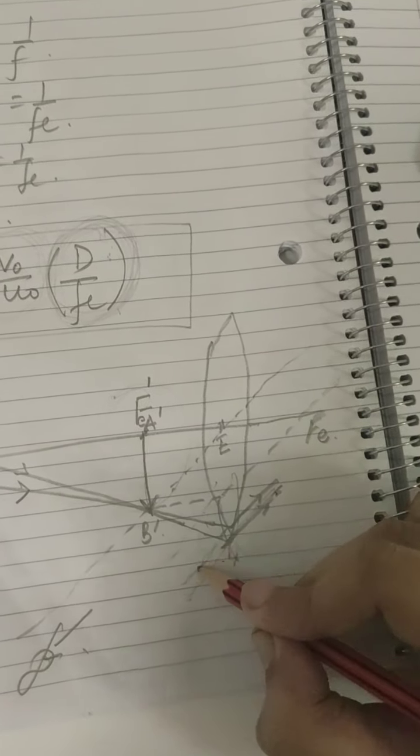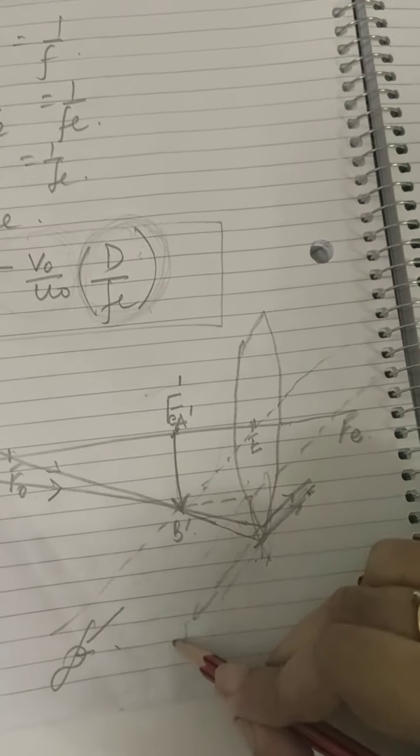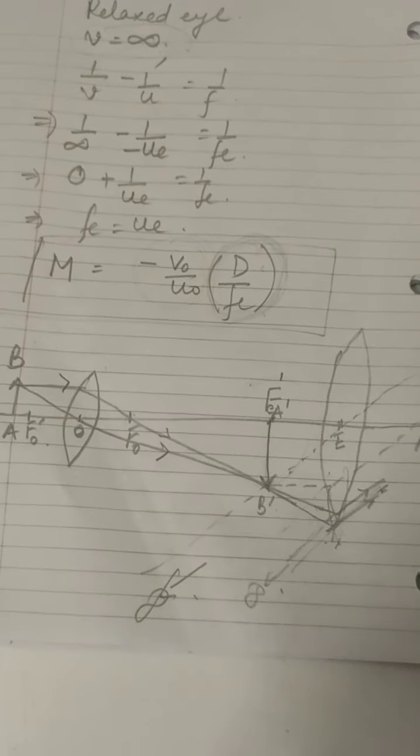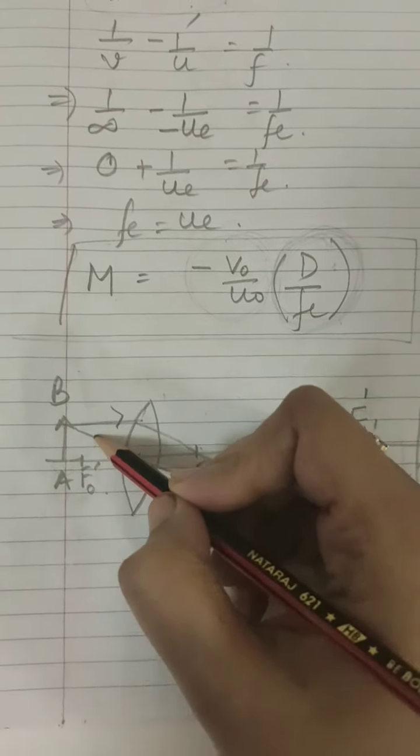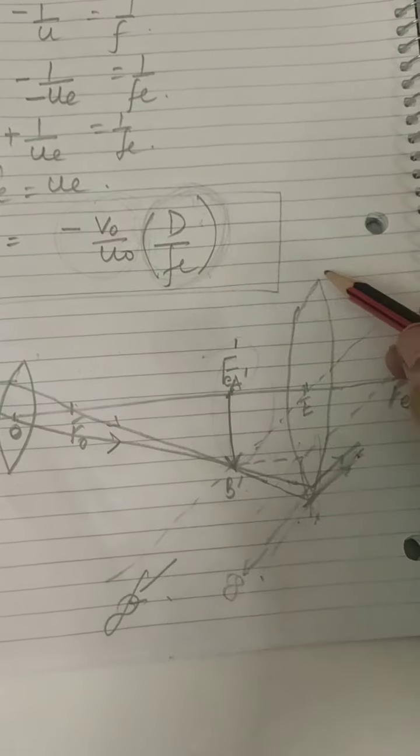They will meet at infinity. This will happen only when the image formed by the objective lens of the object is at the first focus of the eyepiece.